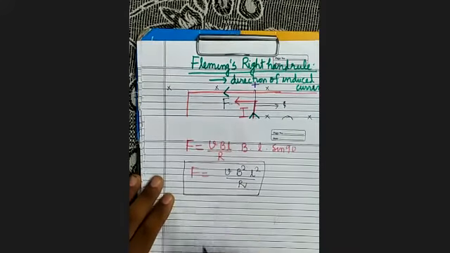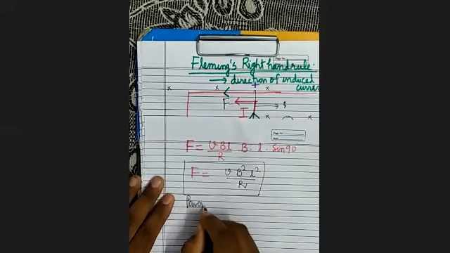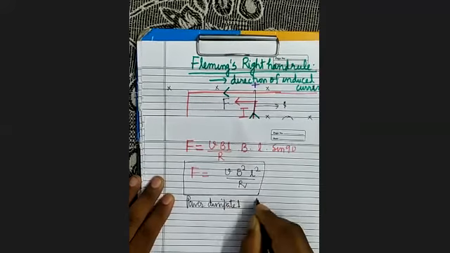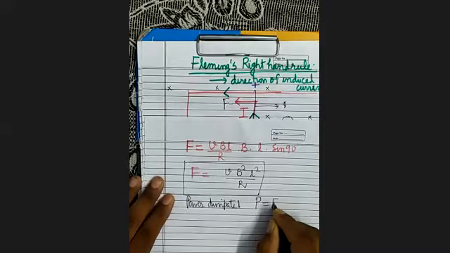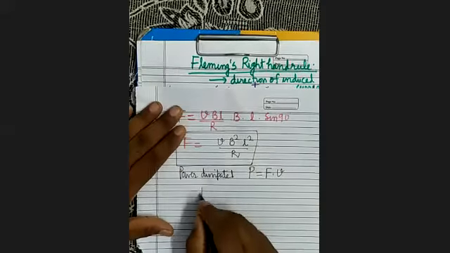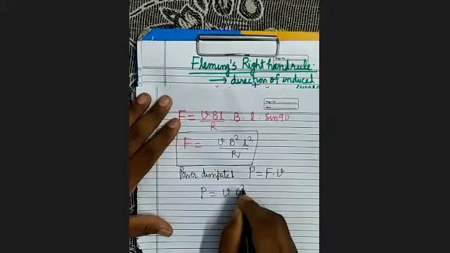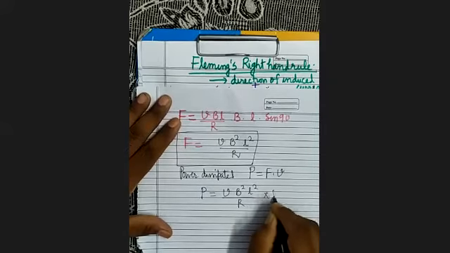So see here, power dissipated: what is the formula of power in terms of force and velocity? So it is F into V. So you substitute here. P equals to F, which is given, B square L square V upon R, into V.